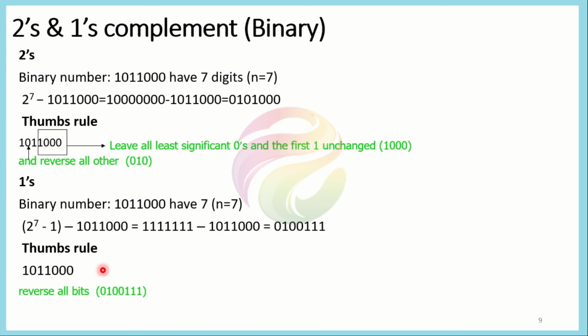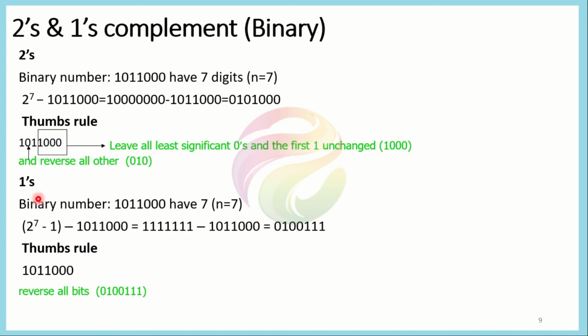Because for the hardware implementation we will be dealing with binary number systems, most of our focus will be on this one. Whether we are calculating the twos complement or the ones complement, we will be using this thumb rule quite often, because this is the easiest one. It is very easy to just reverse the value of the bit instead of taking the power of 2 and subtracting some number.